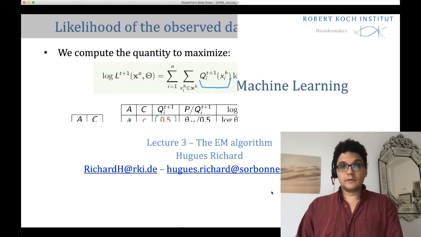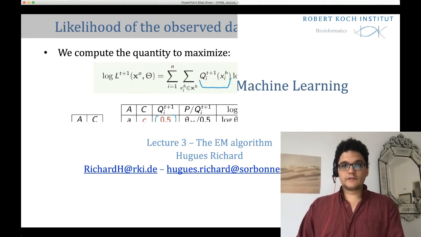We then have a very traditional log likelihood term, which is just, for a multinoulli, the log of a parameter minus the log of our posterior.